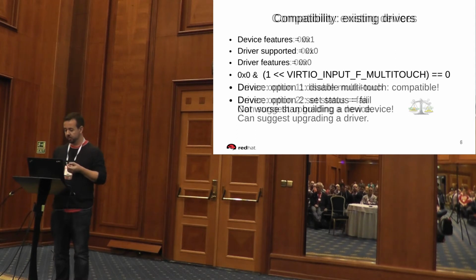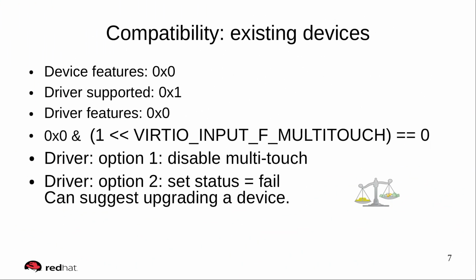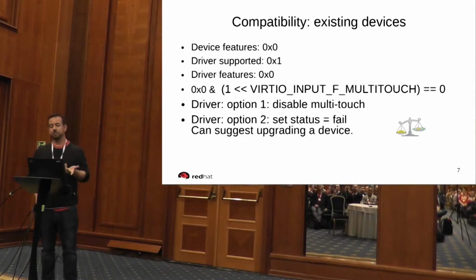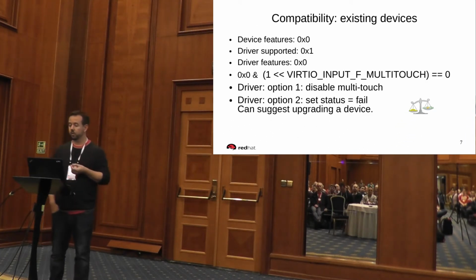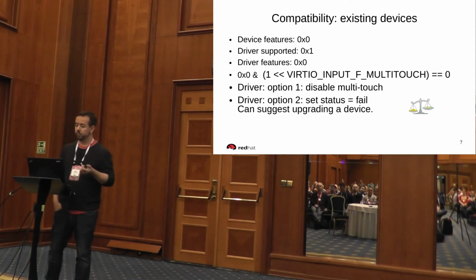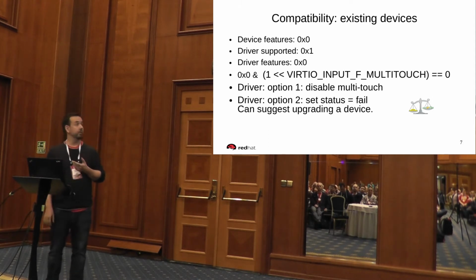So we saw that a single device can be compatible with old and new drivers. What about the reverse? A new driver has a bit set in a supported feature mask. It will access an old device and detect a 0 in the device features register.